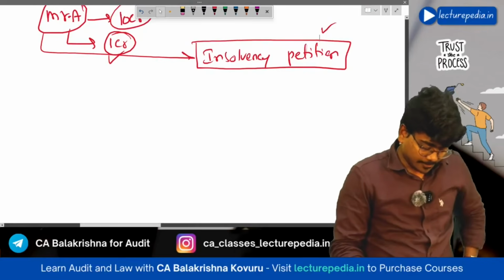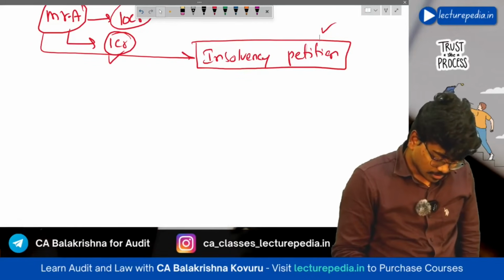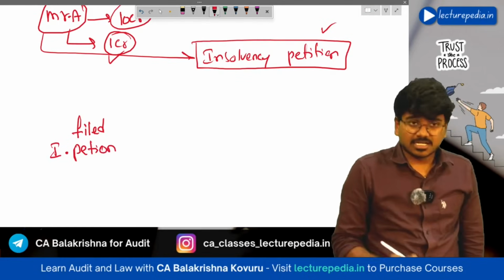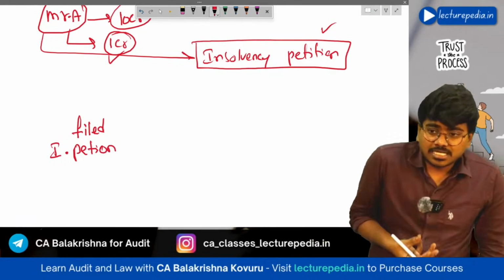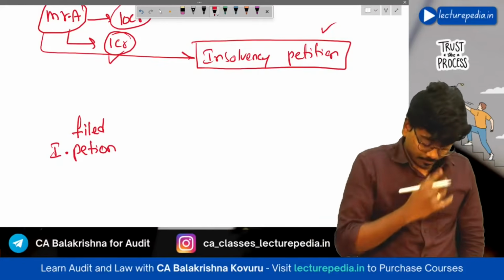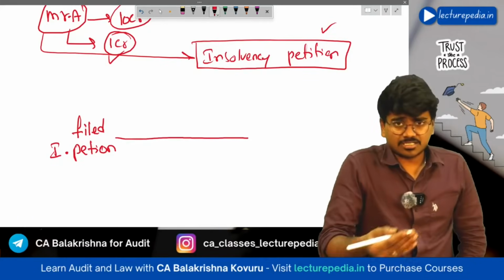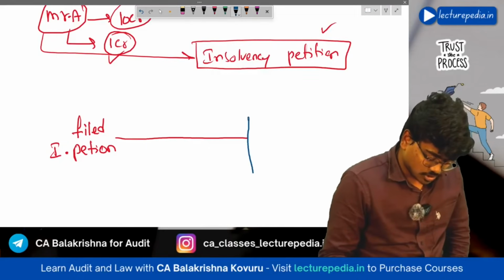The person has filed the insolvency petition with the court, and still the court has not accepted it. After filing, after some 1 or 2 months, the court will accept the insolvency petition.